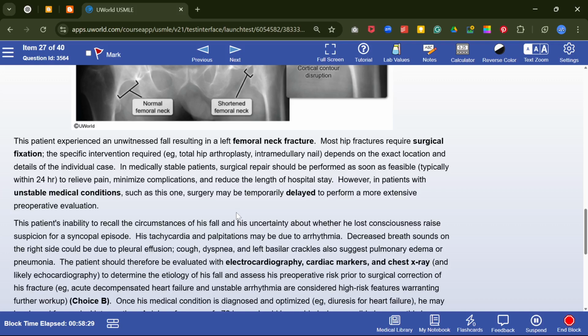The patient's inability to recall the circumstances of his fall and his uncertainty about whether he lost consciousness raise suspicion for a syncopal episode.